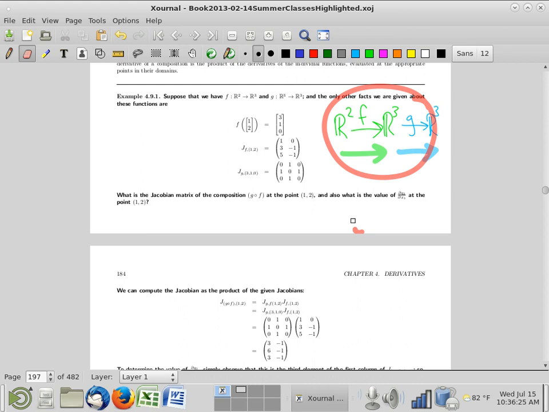Because let's look at how we evaluate such a thing. How would I evaluate this composition? Well, if I had some x going into this composition, note that f acts first, g acts second.